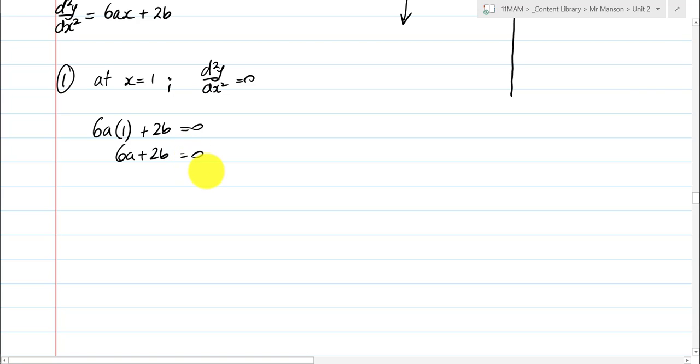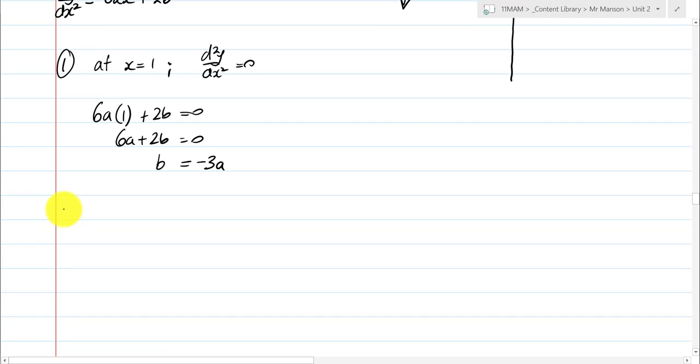I divide by 2, I take away the 3a that's left over, and I've got b equals -3a. Okay, if you've got a situation where there are multiple solutions possible, the best way to go about this is to find b as a value of a, or a as a value of b, or something like that. It's called a parametric solution. So later on, I'm going to eventually just pick a value of a, and then that will tell me my consequential value of b, and so on and so forth. So there's my first one.